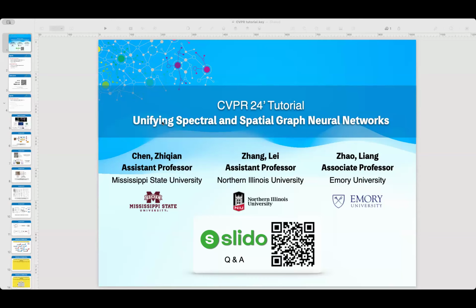So let's sum up the spatial-based graph neural networks. There are linear functions, polynomial functions of the graph matrix, as well as rational functions of the graph matrix. We just pick three for each category.